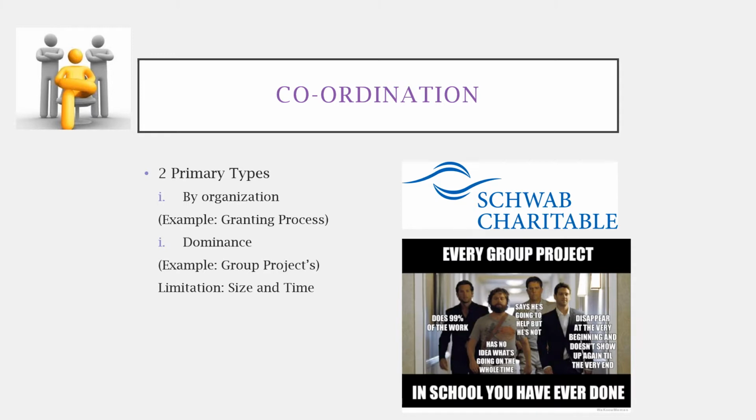I do grants processing at Schwab Charitable, which is a separate entity from Charles Schwab, but as a whole we're all the same. Our donors open an account with us for a donor advised fund, so they get a tax exemption on their contributions that they bring in, and those are irrevocable.